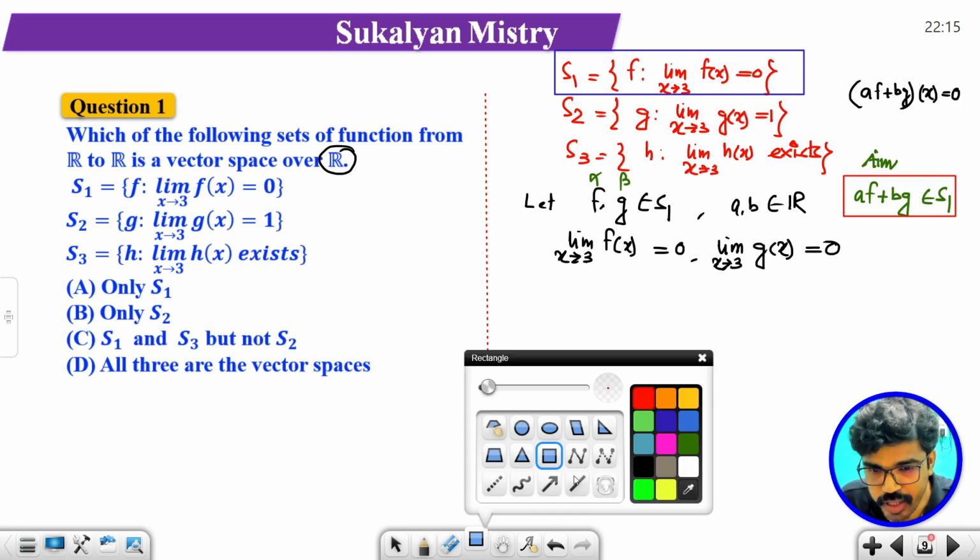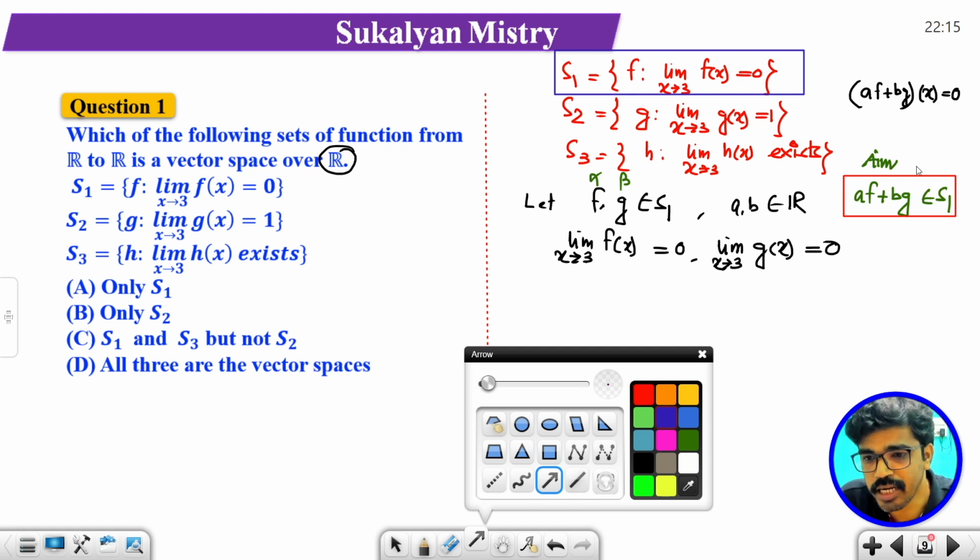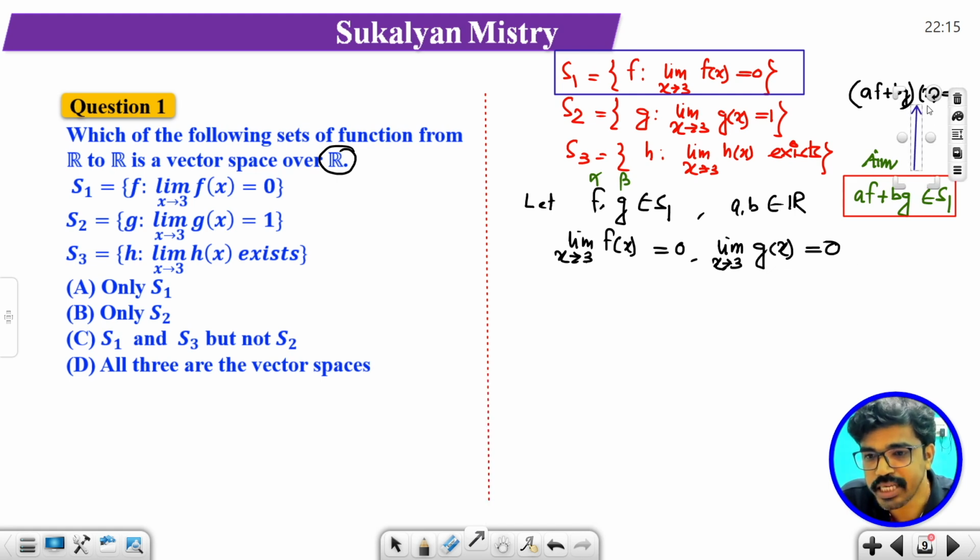If we can prove this, then we conclude that limit x tending to 3 of (af plus bg)(x) is 0, so af plus bg belongs to S1.